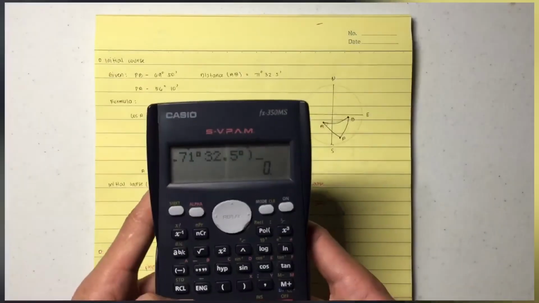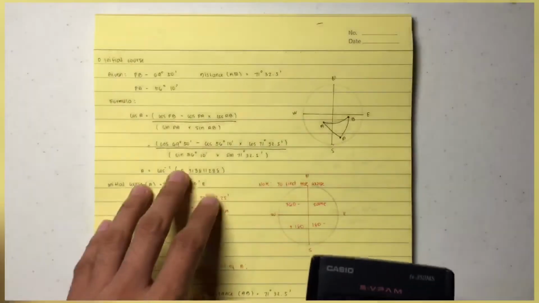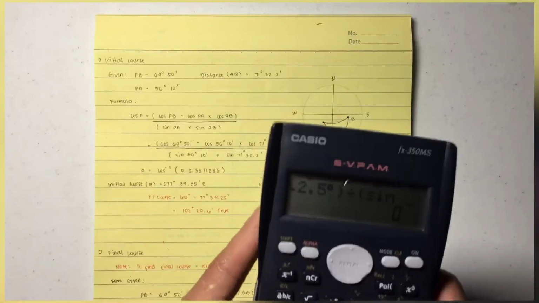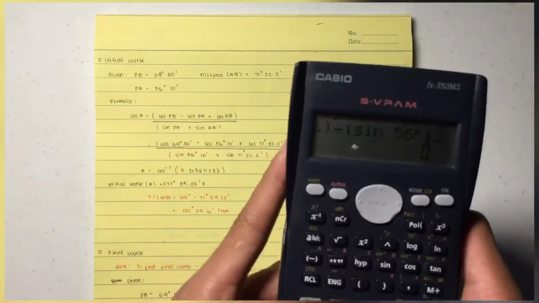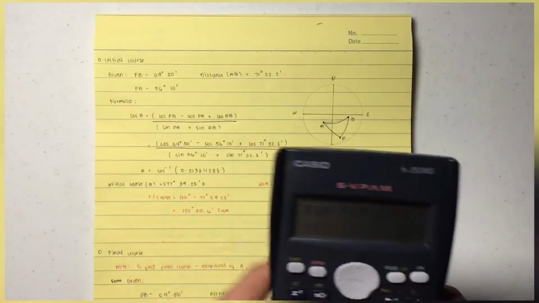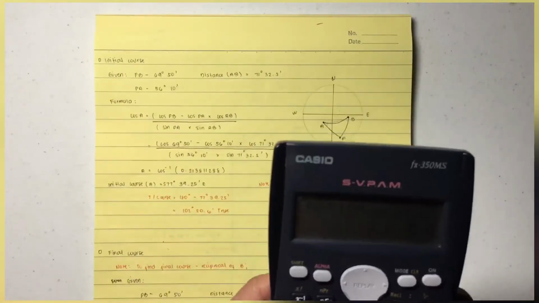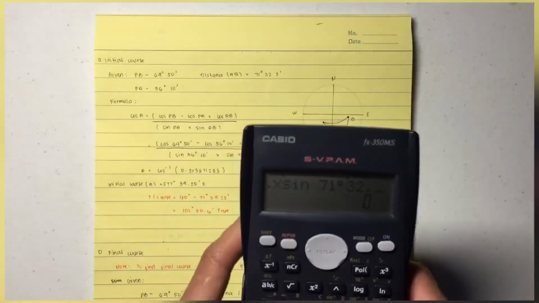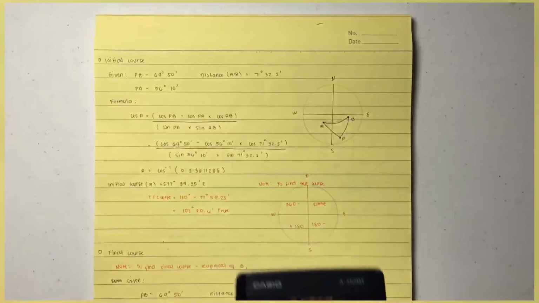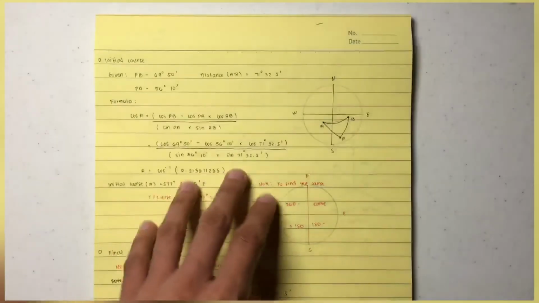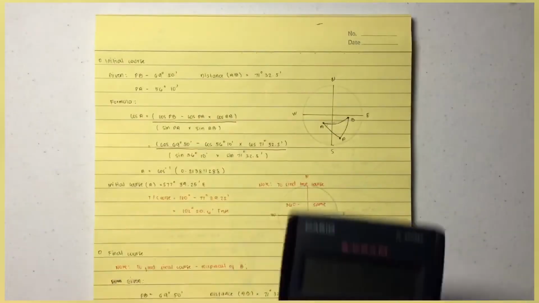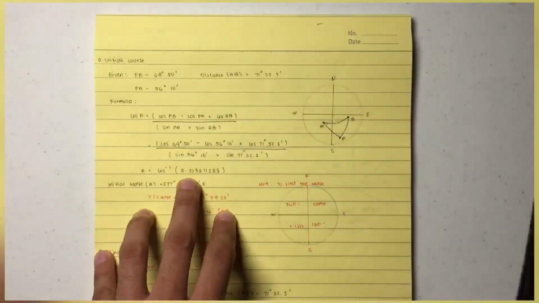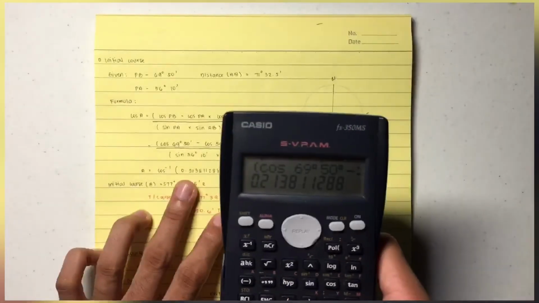Close parenthesis, divided by open parenthesis again, sine 56 degrees 10 minutes multiplied by sine 71 degrees 32.5 minutes, which is the distance.